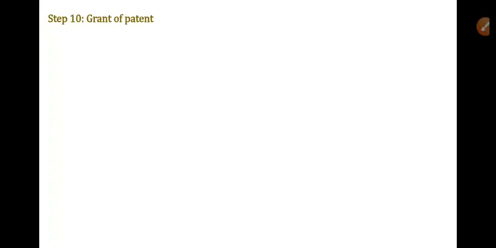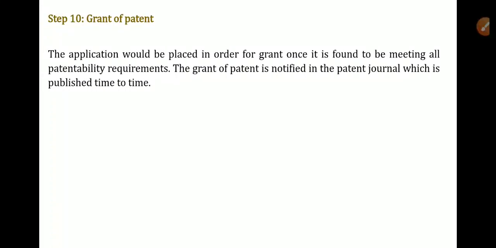Finally, the final step is grant of patent. The application would be placed in order for grant. Once it is found to be meeting all patentability requirements, the grant of patent is notified in the patent journal, which is published from time to time.